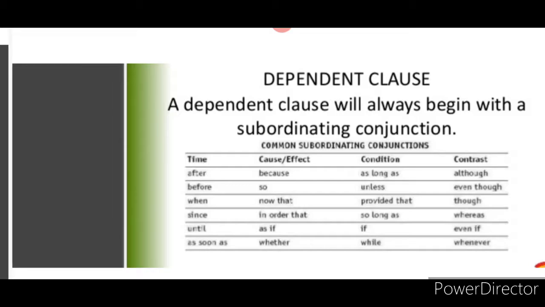What is a subordinating conjunction? We have studied it already. Subordinating conjunctions are the words that link a dependent clause to an independent clause. So it is a linking word which connects the dependent clause to the independent clause.